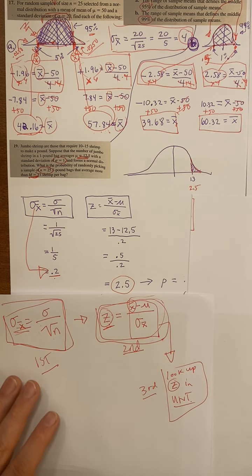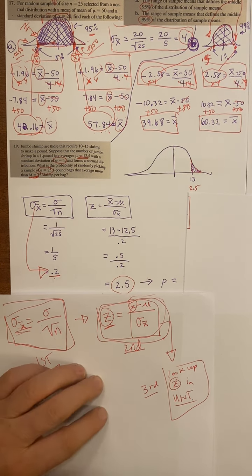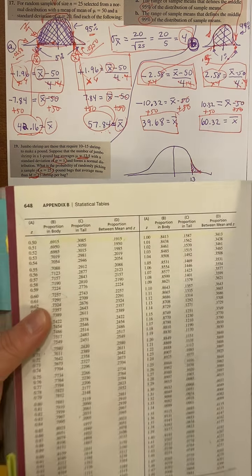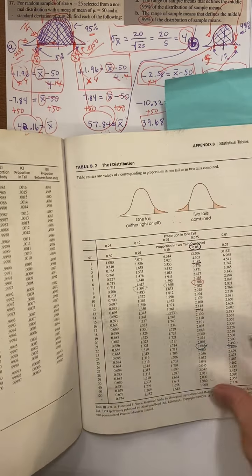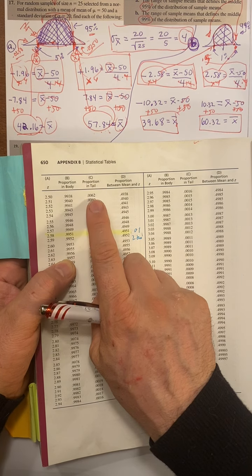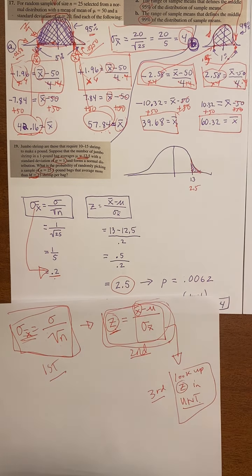Okay, so what's the p that we're going to end up putting there? Let me just look it up real quick. A z value of 2.5 is, I've got that 0.0062. Let's see if that's right. Yeah, that 0.0062.